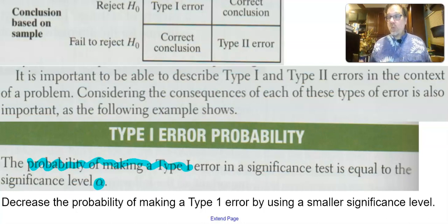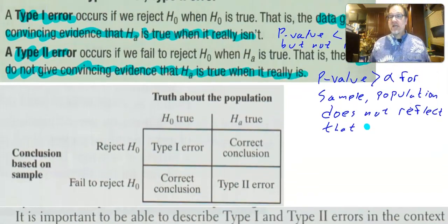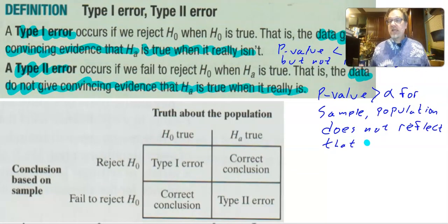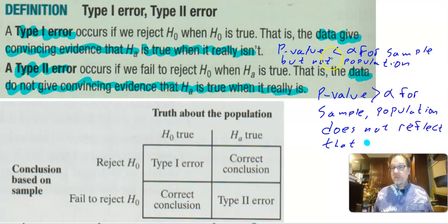And a type 1 error means I'm going to get a small p-value when I should have gotten a big p-value. Because my p-value went under the 10%, and it should not have been under 10%. It should have been over the 10%. So decrease the probability of that happening by choosing a smaller value for alpha. Boom.